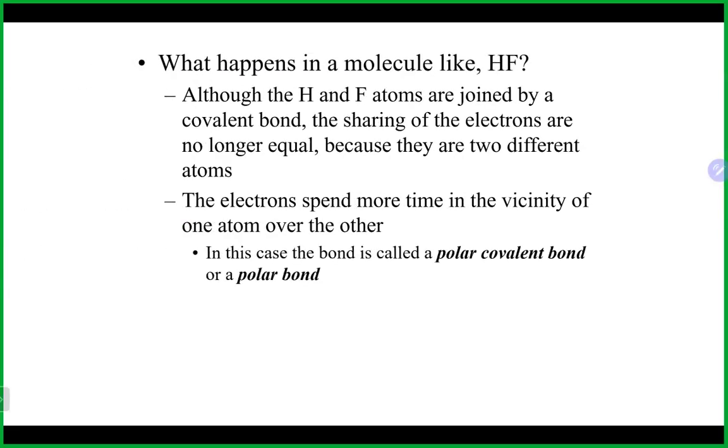So as I mentioned before, this is what happens in this case with HF, and again referred to as a polar covalent bond or just a polar bond. And unlike a non-polar bond where you can kind of think of it as being neutral, in a polar bond we have this sort of charge that occurs. There's a positive side and a negative side. And that happens, as we will talk about in other chapters as well, that has a great effect on things like solubility, how other molecules maybe behave with other molecules.